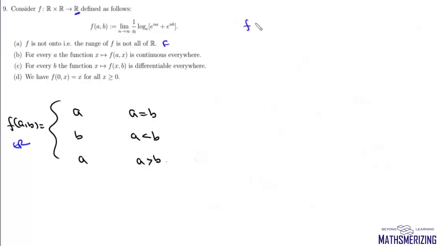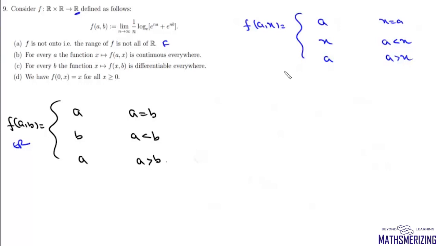Now the second one, it says what about f(a,x)? f(a,x) simply will be a when x is equal to a, x when x is greater than a, and a when a is greater than x. Now it says for every a, this function is continuous everywhere.